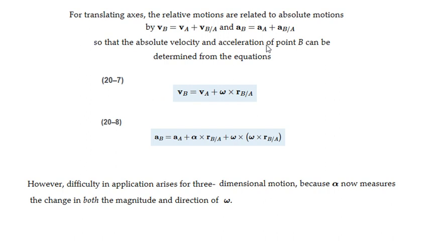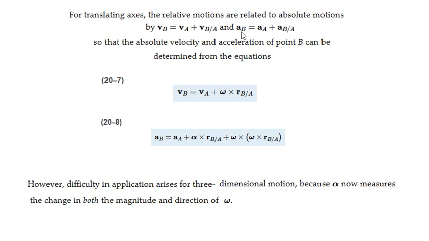So relative motions are related to the absolute motions. Now we're looking at this motion aspect in terms of velocity. Your velocity at B is equal to velocity at point A, and you can add it up when you take a look at your velocity B relative to A. And your acceleration at B is equal to acceleration at A plus acceleration at B relative to A. Because your acceleration at point B cannot be absolute acceleration.